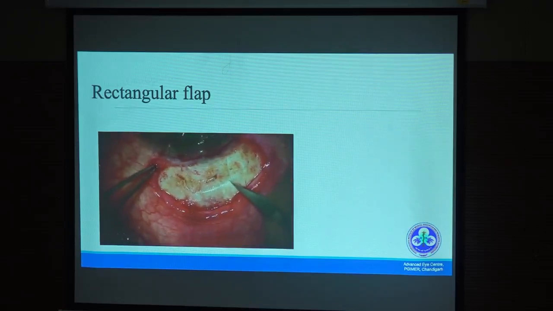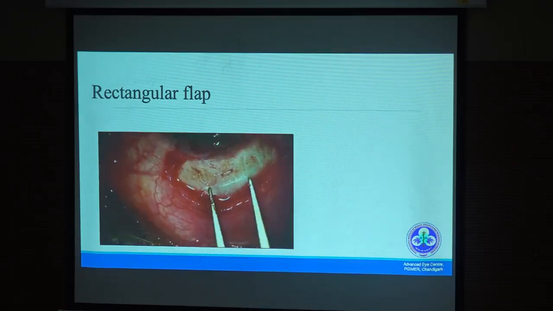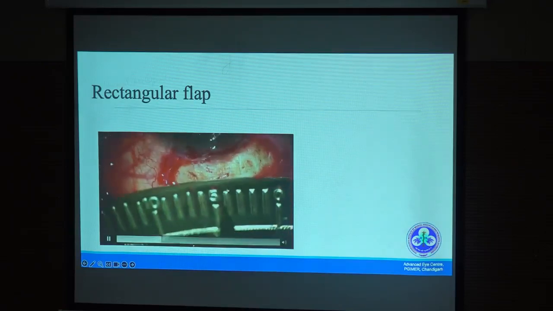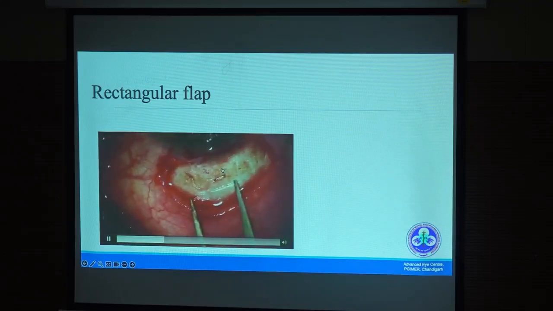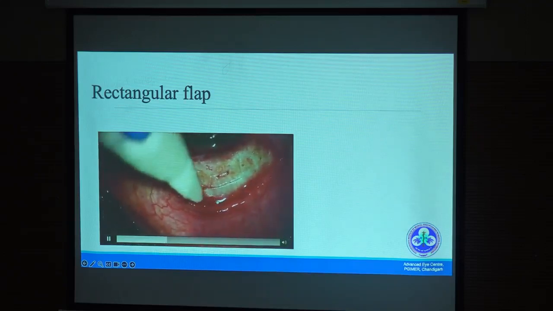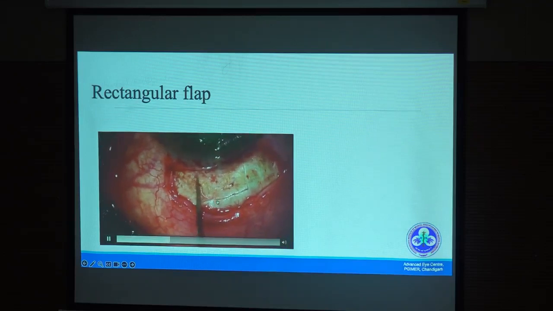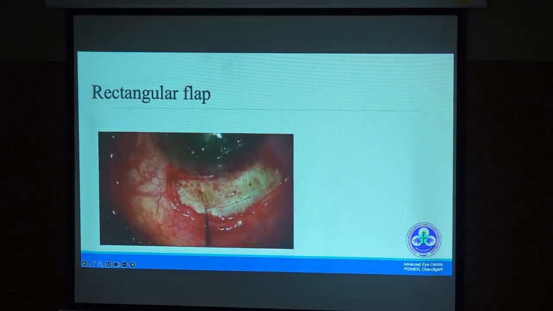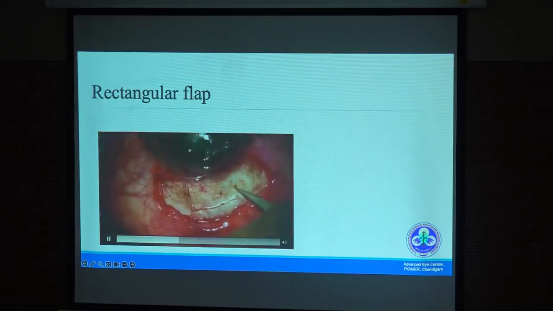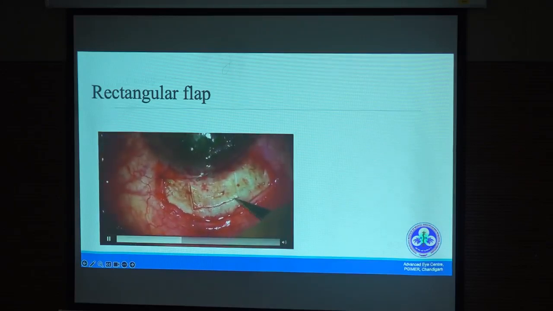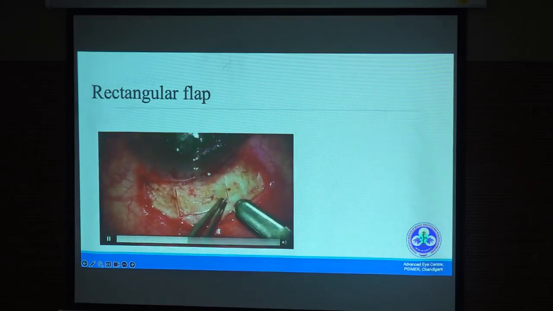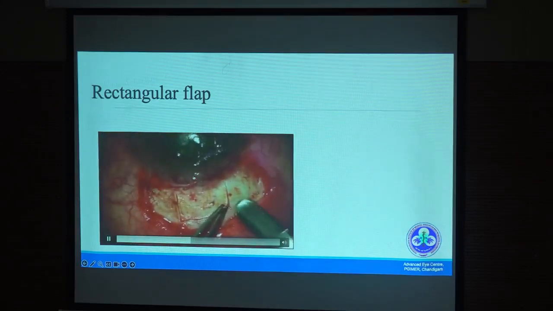The easiest technique, as you are doing SICS, is to do the posterior incision 3.5 millimeter from the limbus, then proceed with a crescent knife as we do in small incision cataract surgery. Go till the clear cornea, then put the side incision after making the partial thickness subscleral dissection. That is very easy actually.